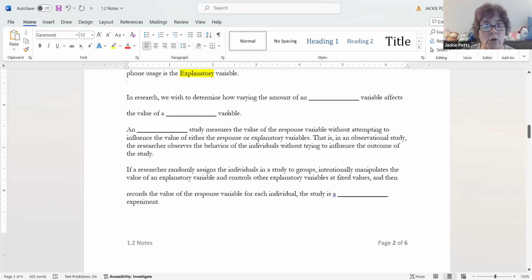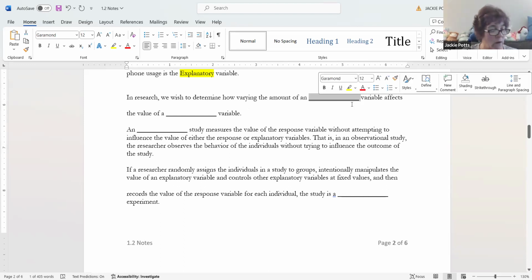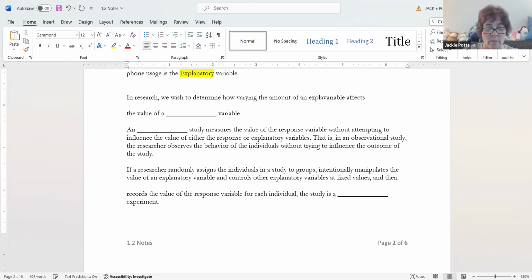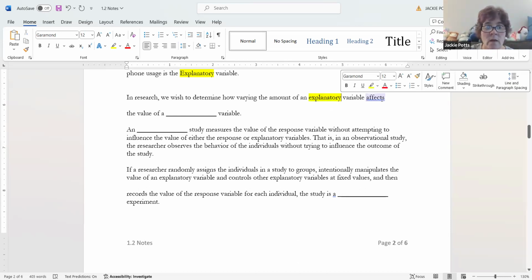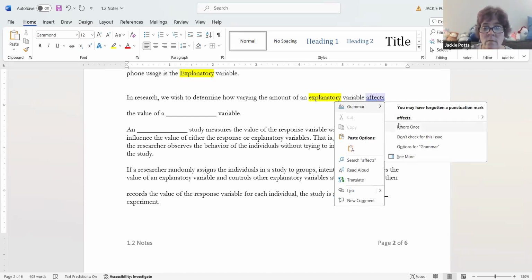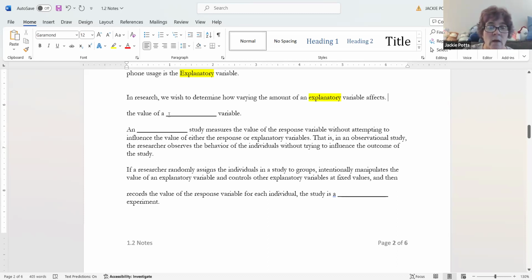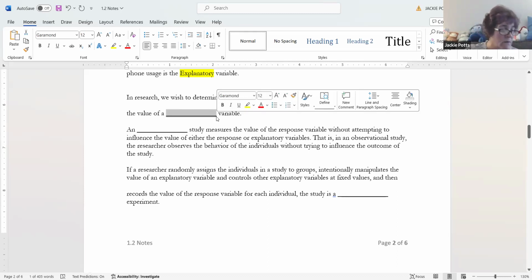So in research, we determine how varying the amounts of, what did we vary? The cause, the explanatory. All right, how it affects the value of the response variable.